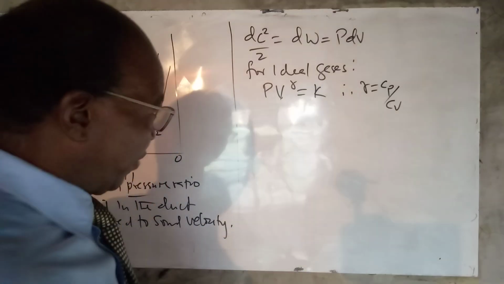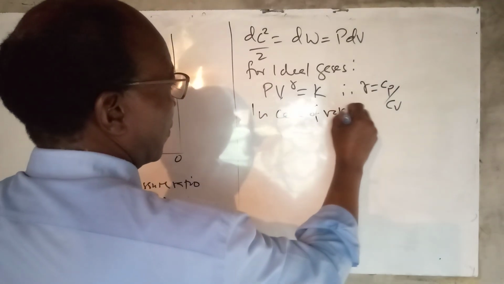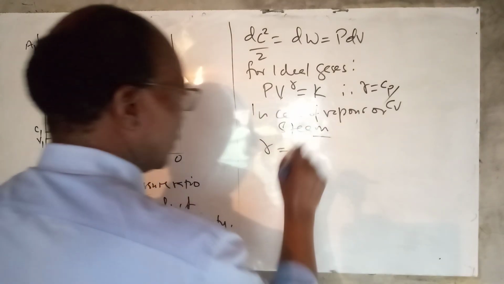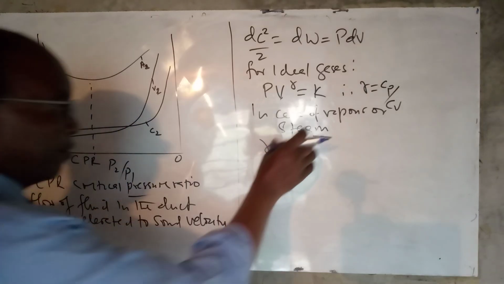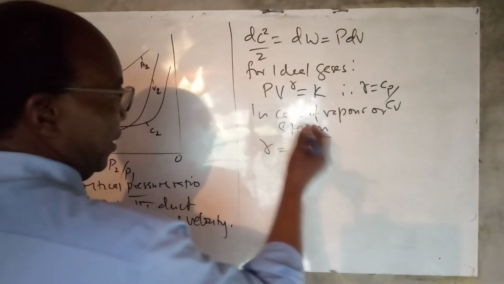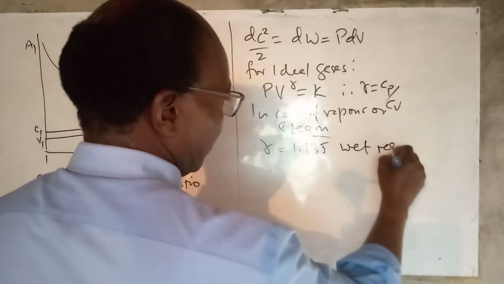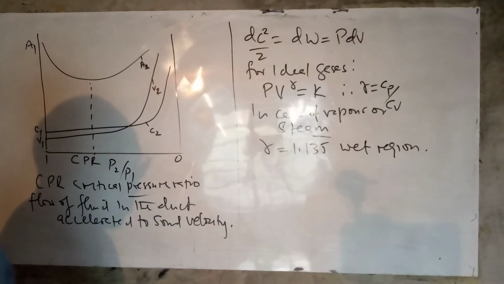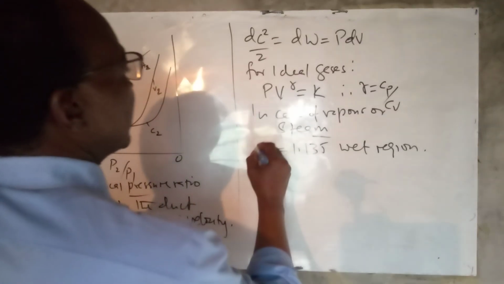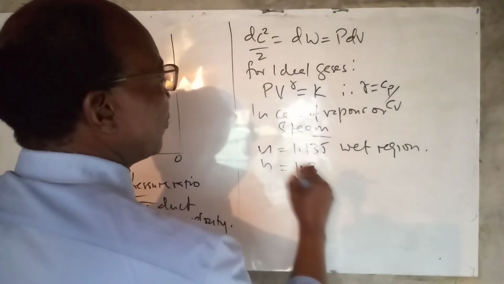But when you are dealing with vapors, for example steam, in the wet region, where there's still some liquid and of course vapor, gamma will be about 1.135. While if we are in the superheat region, we use n instead of gamma, and n has a value of 1.3.